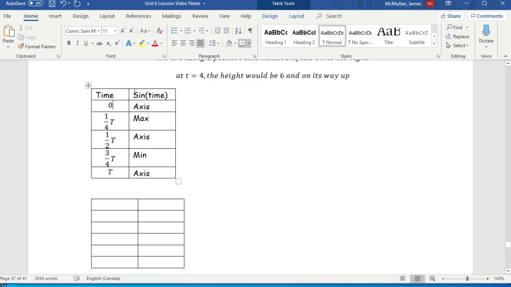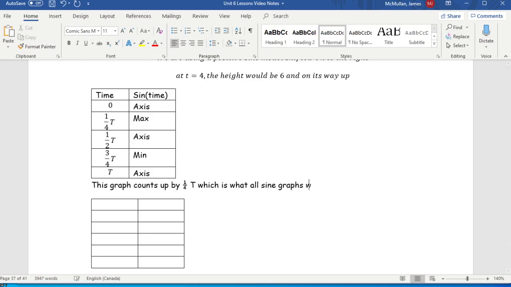Now, you're used to seeing this like 0, 90, 180, 270, 360, but you could think about those numbers as fractions of the period instead, right? So this graph counts up by 1/4 of the period, which is what all sine graphs we've ever drawn do.